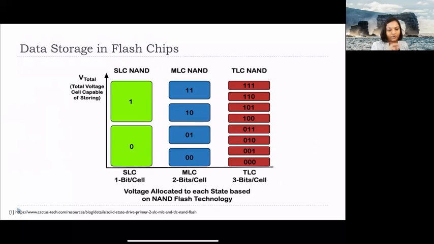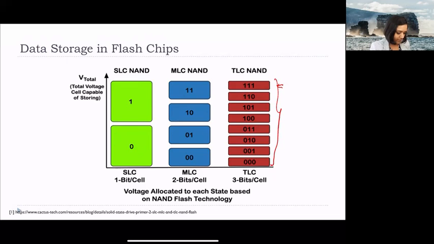So by further granularly controlling the amount of electrons stored inside the floating gate, we can transition the same transistor cell into a TLC. In TLC, we can differentiate stored 3 bits, so across how many states? With 3 bits, we would be able to get 8 states, right? 1 to 8 over here.